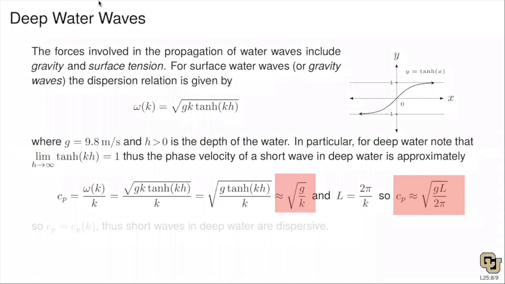So one thing the math is telling us, which I think is interesting, is that in the deep water situation, here we have a dispersive scenario, because here the phase velocity is a function of k. The phase velocity is not constant. And so here we have a dispersive problem. Short waves in deep water are dispersive.